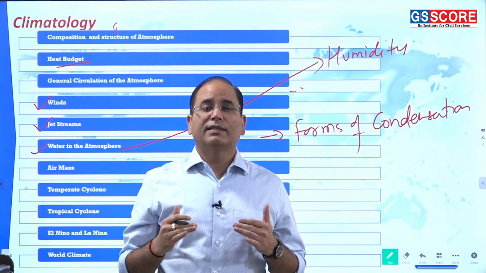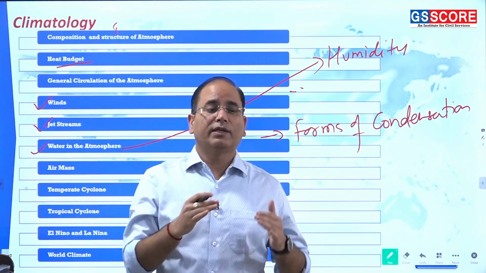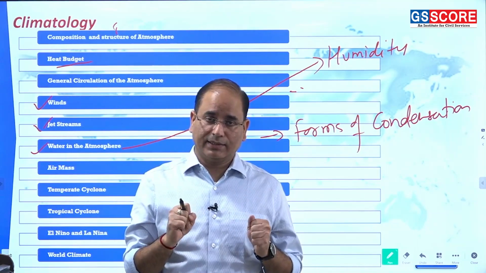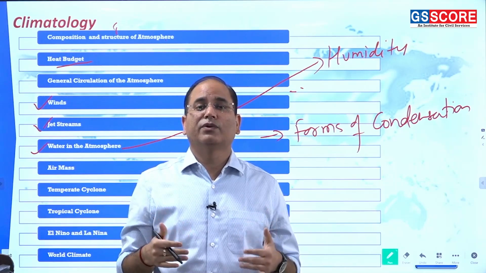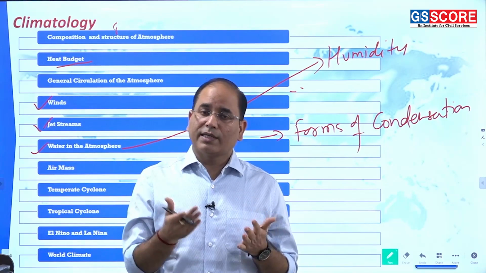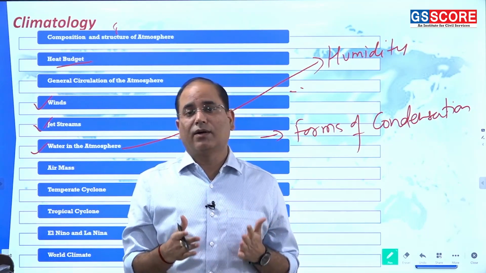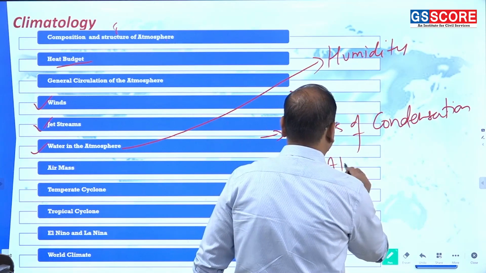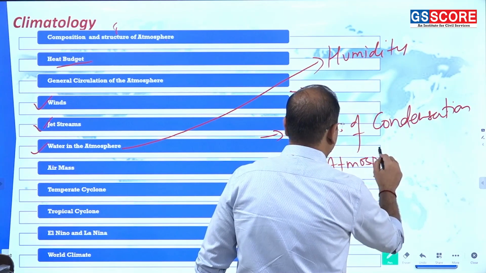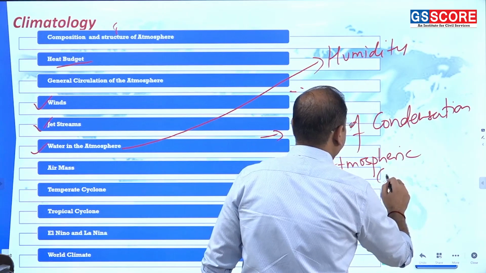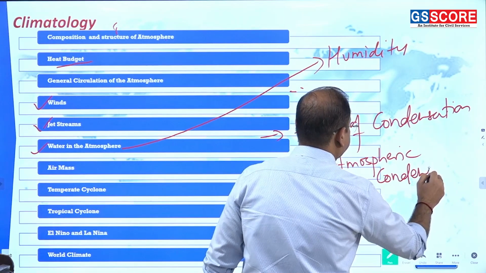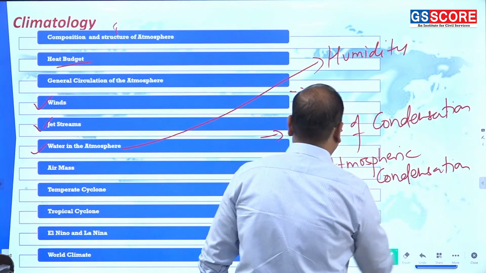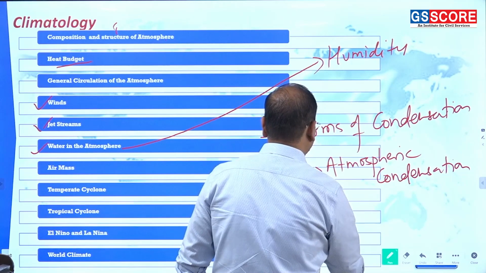Like when the condensation is happening in the atmosphere, we call it atmospheric condensation. Atmospheric condensation produces clouds, whereas the condensation can also occur on the ground. So we categorize it as atmospheric condensation and also ground level condensation.